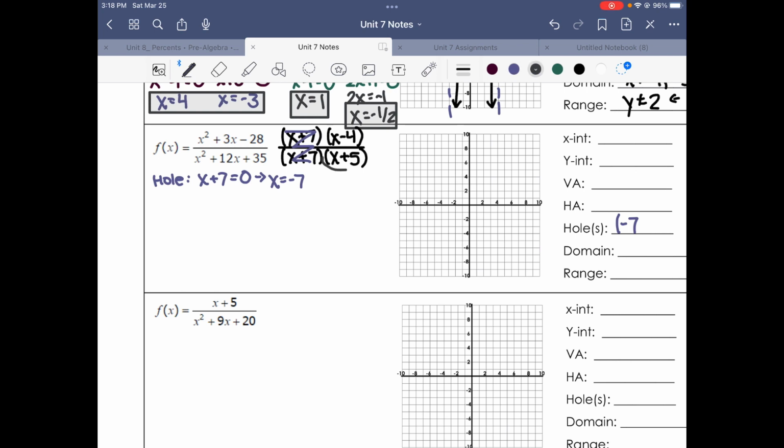So this one right here, x minus 4 over x plus 5, which would be -7 minus 4 over -7 plus 5. -7 minus 4 is -11, and -7 plus 5 is -2. And if you divide -11 by -2 in a calculator, you are going to get 5.5. So 5.5 is the y value of the hole.